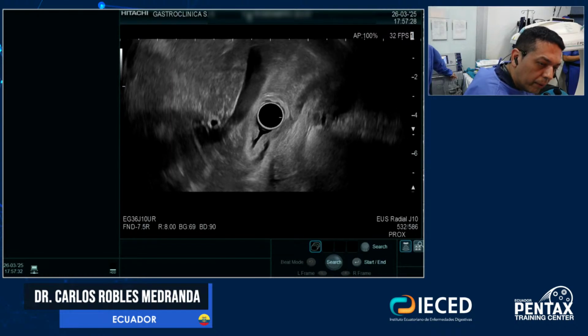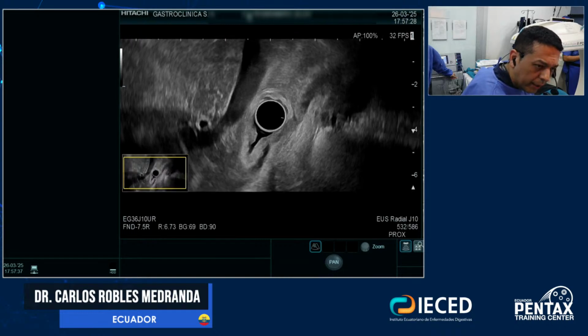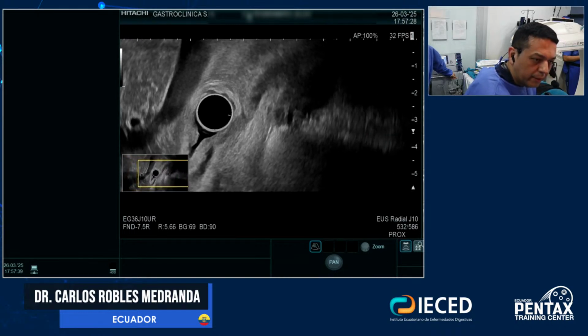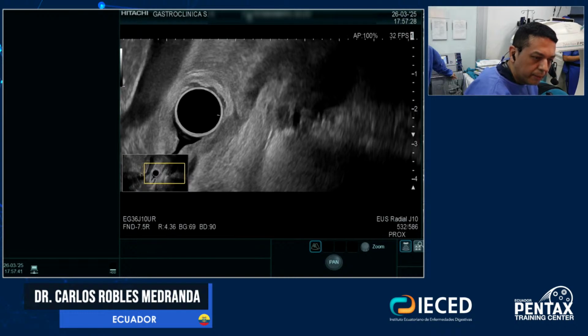Again, let's evaluate this image, right? What I see here is the main pancreatic duct. This is a secondary duct with a small, you know, kind of cystic lesion. Probably it's just dilation. We need to evaluate inside. But this is the main pancreatic duct. So I see here, this is normal because this is inflammation.